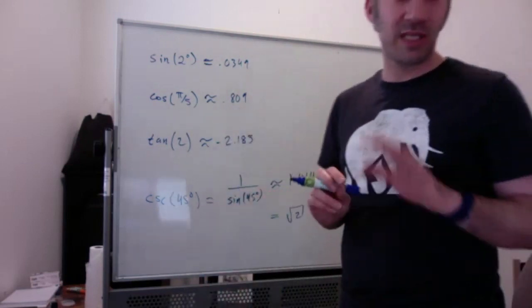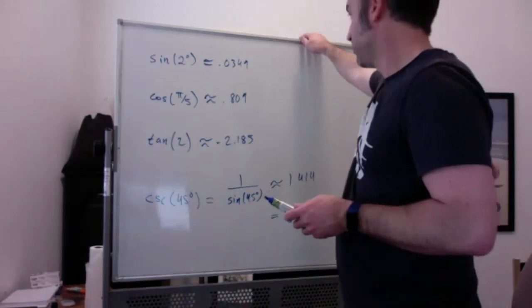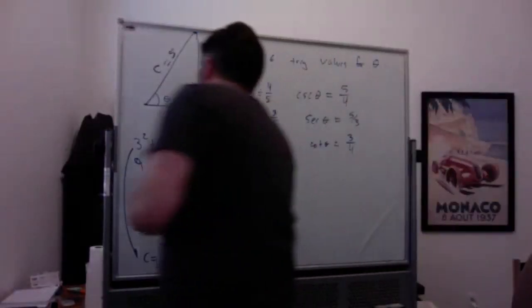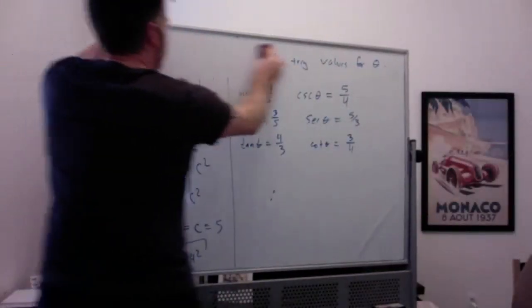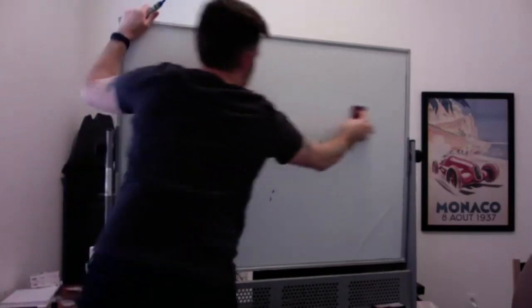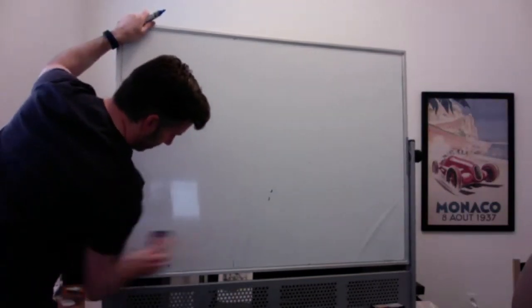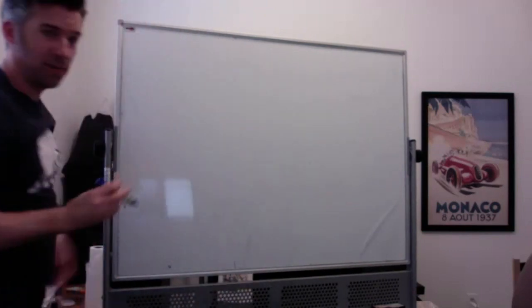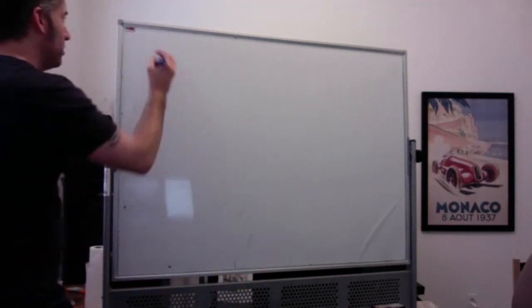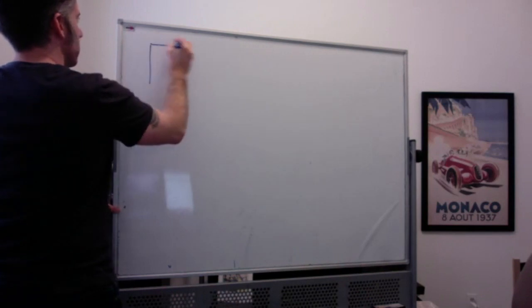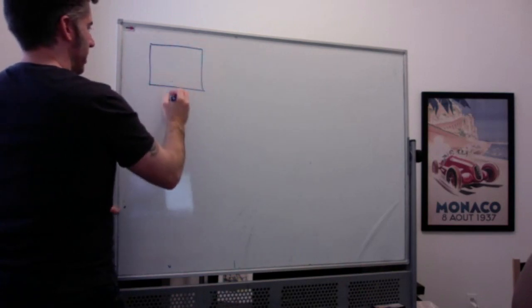Let's talk about some special angles. So there are 2 special triangles that have 3 special angles involved. The first one you get by cutting a square in half. So let's say I've got a square, side length of 1.